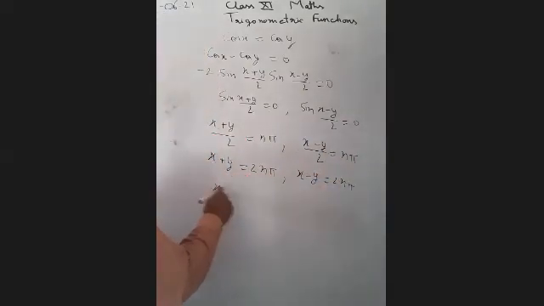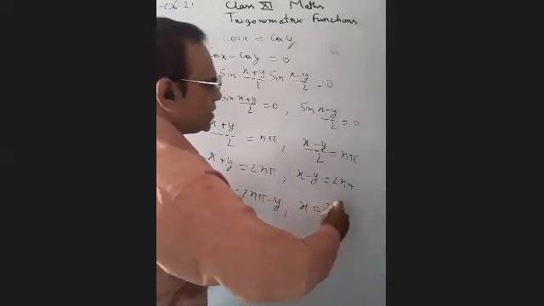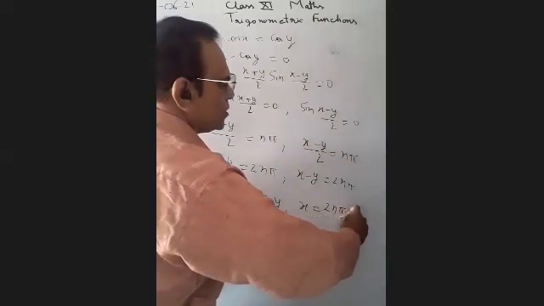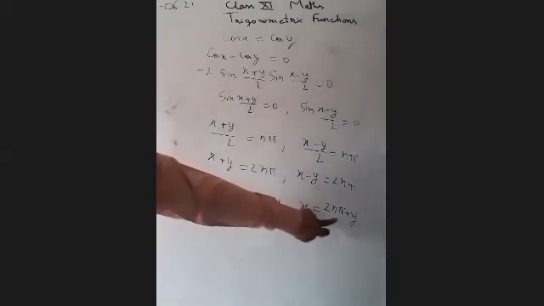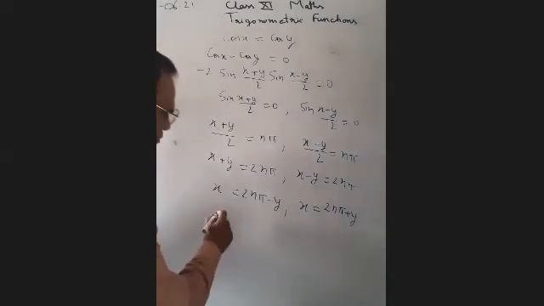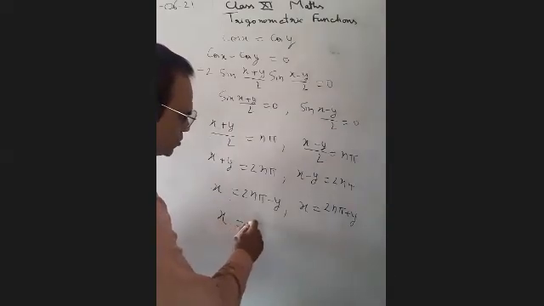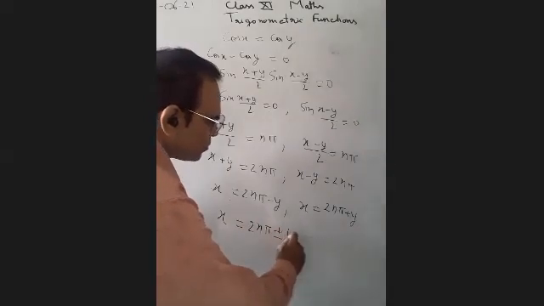That means x is equal to 2n pi minus y, x is equal to 2n pi plus y. So you are observing that we are getting a similar formula, but with a plus minus sign. It is an even number here, it is also even. It is not the case of sine, where we have odd and even numbers. So we have to take the 2n pi general solution, but we can write it in this way, plus minus y.